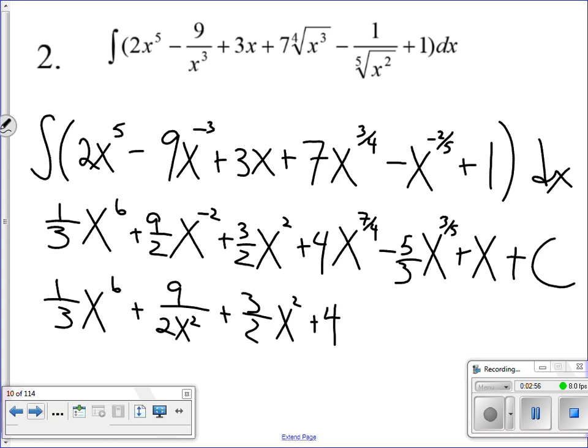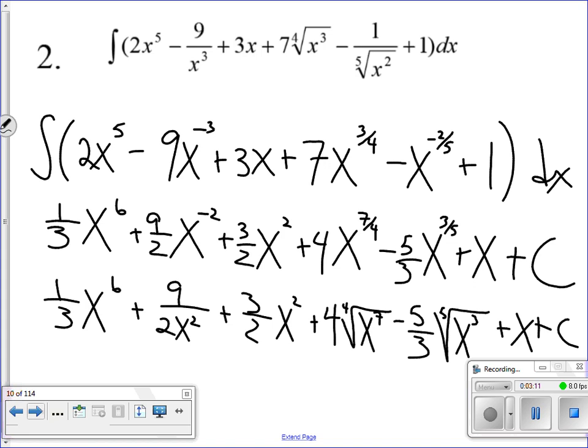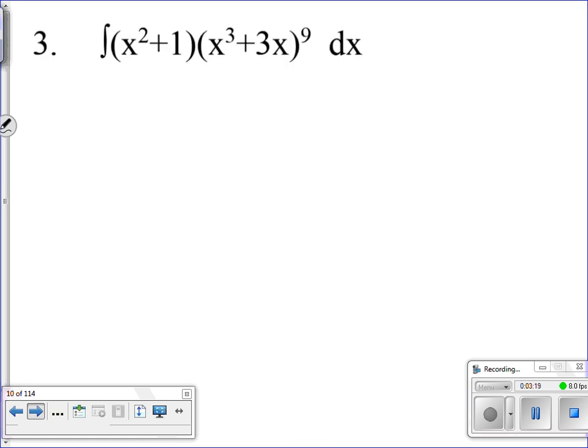It should be 4 times the 4th root of x to the 7th minus 5/3 times the 5th root of x cubed plus x plus c. But you do not have to write your answers on the test without fractional negative exponents. They're okay to stay.